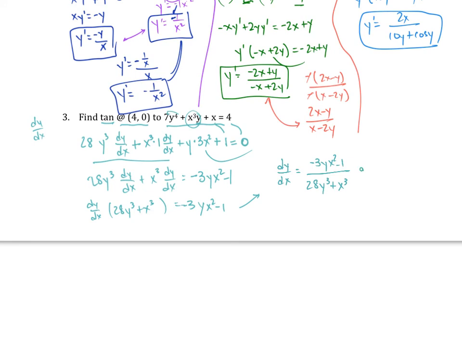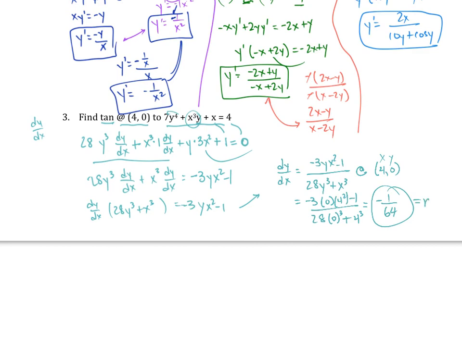Now, I need this at the point 4, 0. So I put in 4 for the x, 0 for the y. So I'll end up with negative 3 times y, which is 0, times 4 squared minus 1, all over 28, y, which is 0, cubed, plus x to the third, and that yields negative 1 over 64.